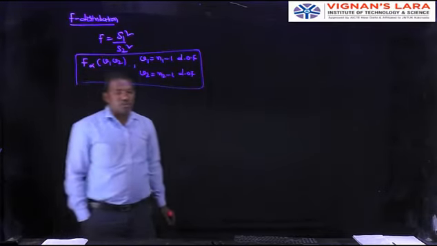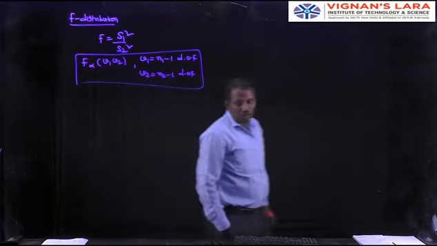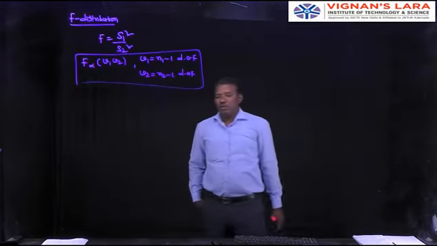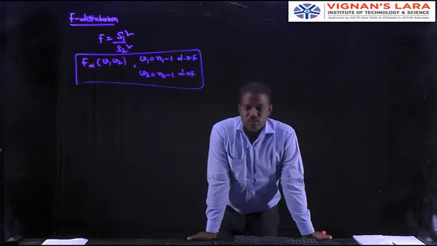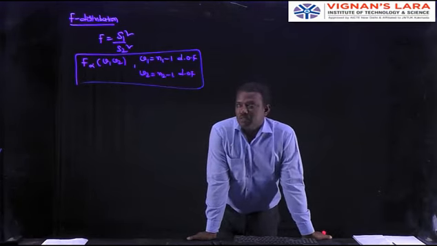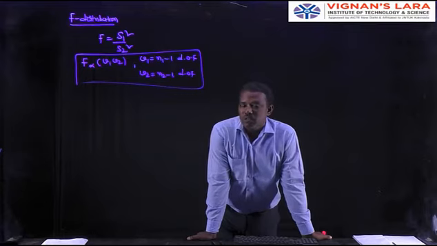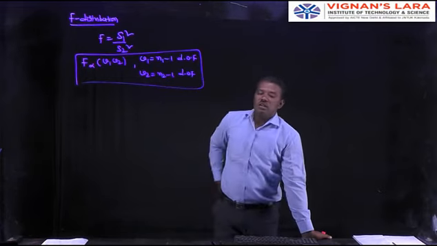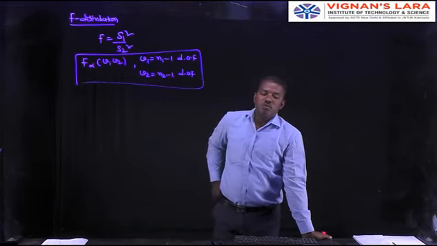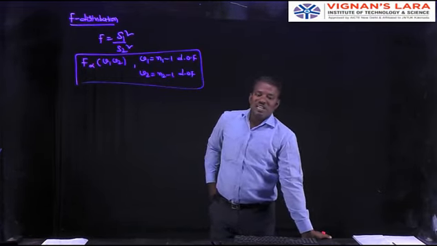This F distribution value corresponds to alpha, V1 and V2. Alpha means either 1% or 5% or 10%. V1 means n1 minus 1 degrees of freedom, in which n1 is the size of the first sample; V2 is n2 minus 1, n2 is the size of the second sample. S1 square is the variance of the first sample, S2 square is the variance of the second sample.